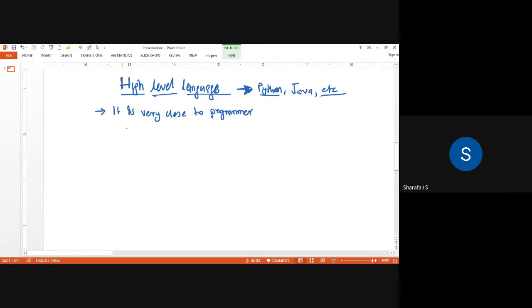And this is independent of machine. Since it is independent of machine, it needs to be converted into machine language.